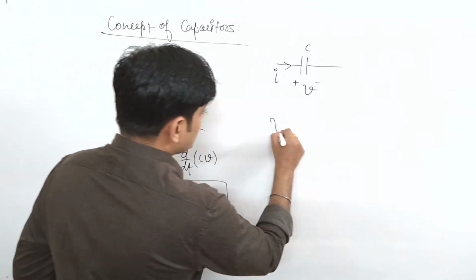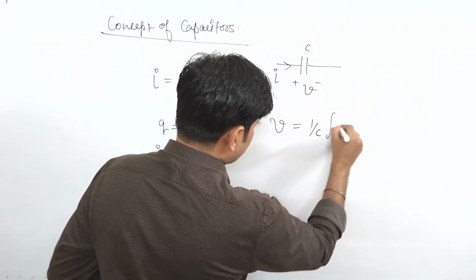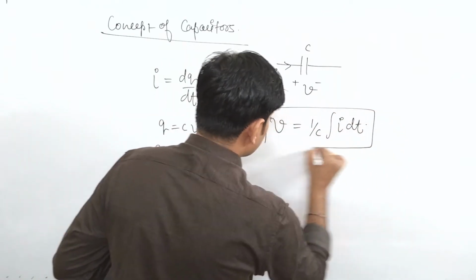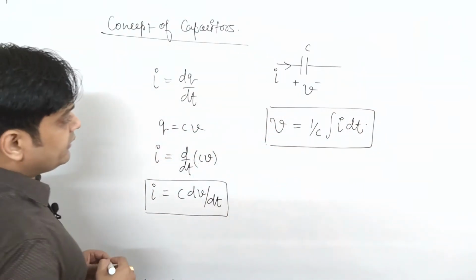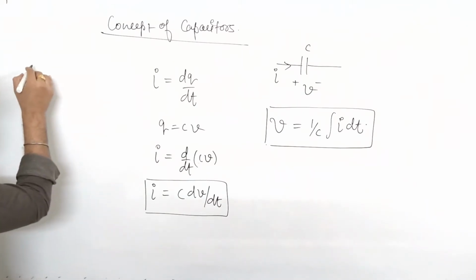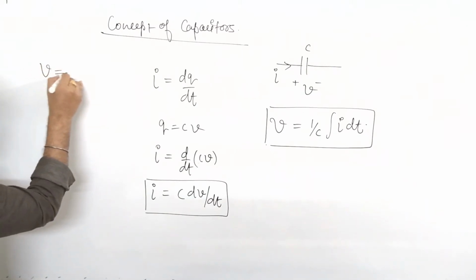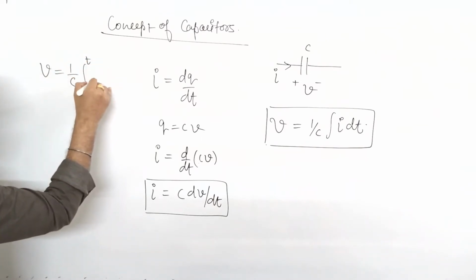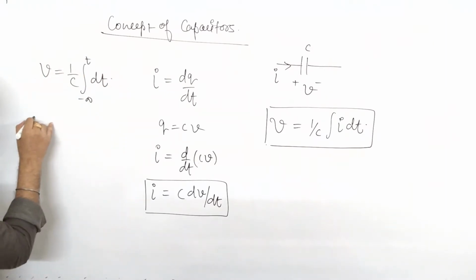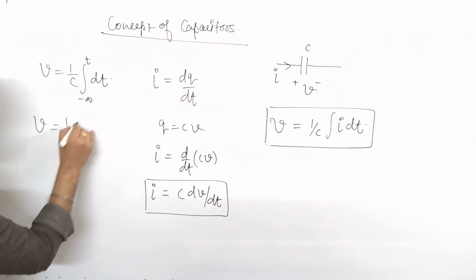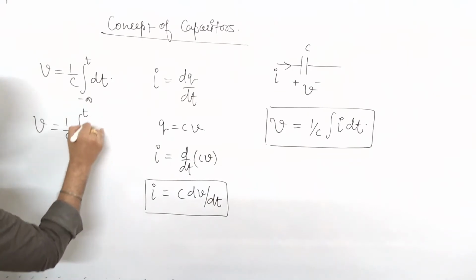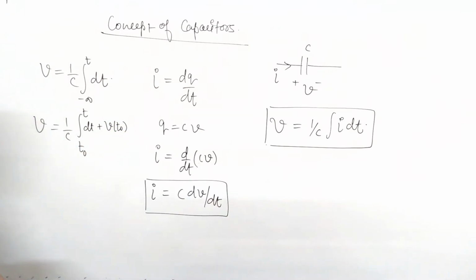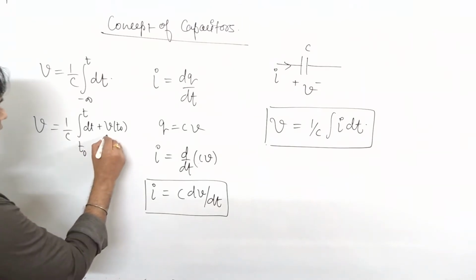So the current across the capacitor is proportional to the differential rate of voltage. From here, V is 1 upon C integral of I dt, and this is the voltage across the capacitor. These are the two important formulas. You can also write V as 1 upon C integral from minus infinity to t of I dt, or as 1 upon C integral from t naught to t of I dt plus V of t naught, because once we go for integration there is a constant, and this is your constant.